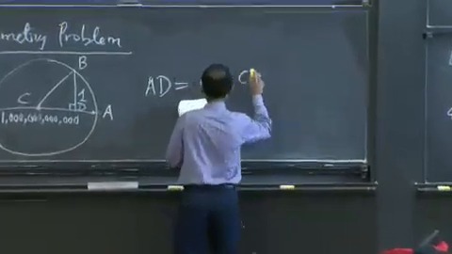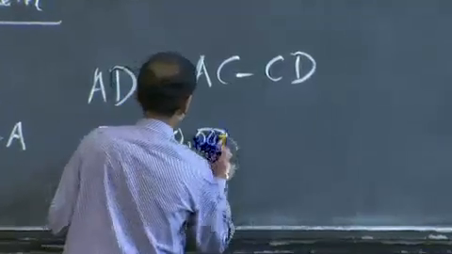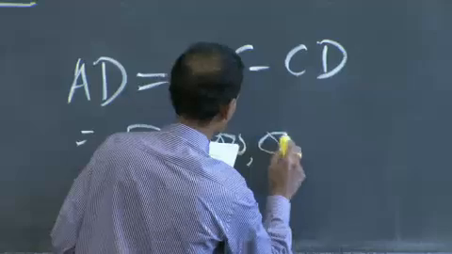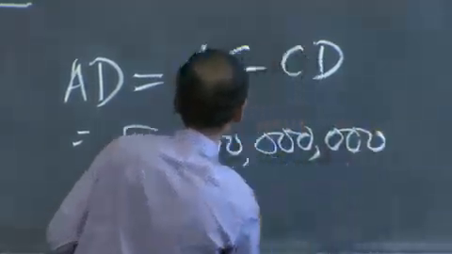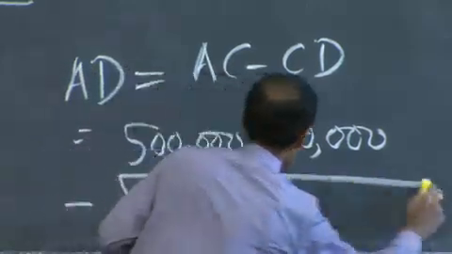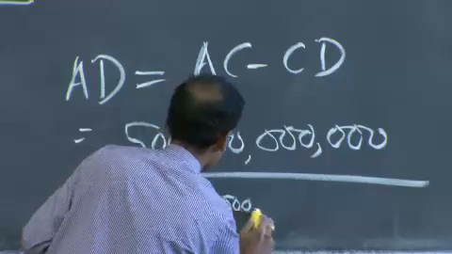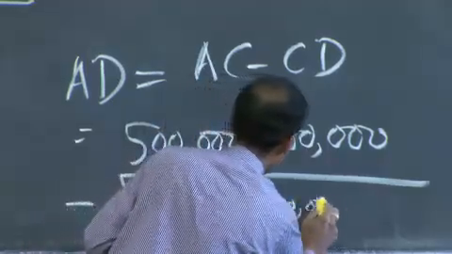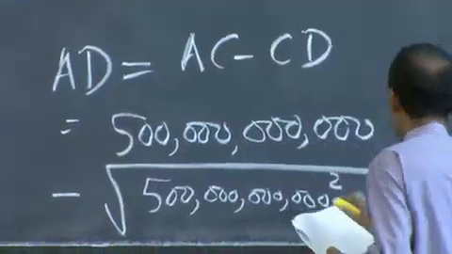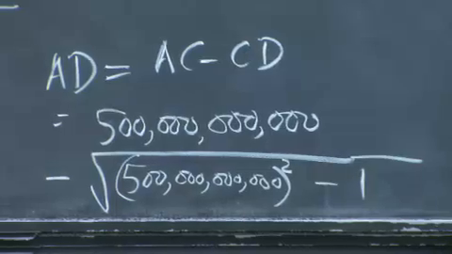So AD equals AC minus CD. That's 500 billion, a little bit less than bailout money, but it's close. When you start squaring this, of course, now you're in real big money.